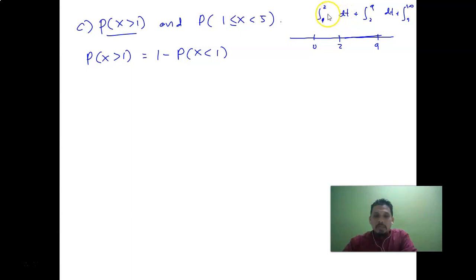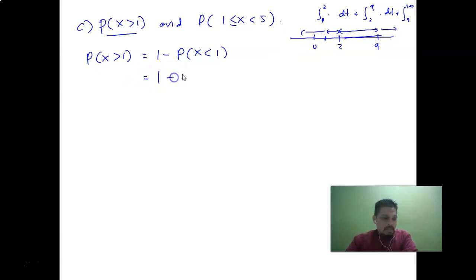So we need to find all of these and add them. Because 1 lies in between 0 until 2, why don't we just make it simple, accumulating the value from negative infinity until here.